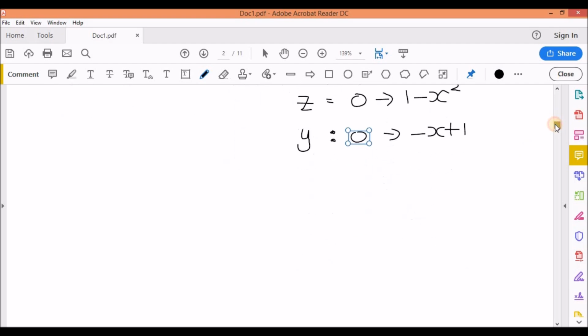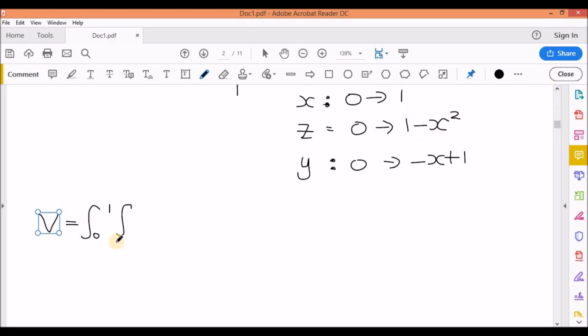So if you arrange the intervals here, with the number staying outside, after that you will have your z here, 0 to 1 minus x squared, and then after that you will have your y, 0 to minus x plus 1. This one represents the interval for y, this represents the interval for z, and this represents the interval for x.